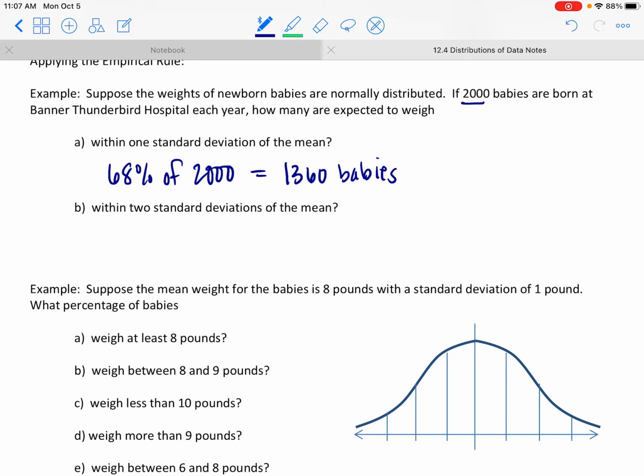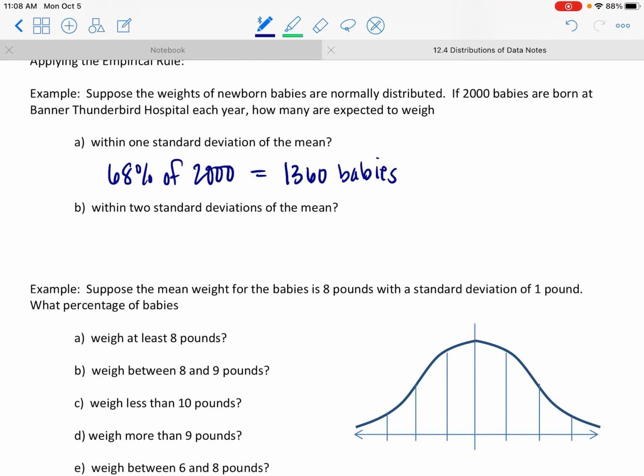So if there are 2,000 babies born, we would expect 1,360 of them to be within 1 standard deviation. Let's say the mean was 10 pounds, and there was a standard deviation of 1. If I added 1, I'd get to 11. If I subtracted 1, I'd get to 9. Then we would have 68% being between 9 and 11 pounds. Okay, that was just a what if.